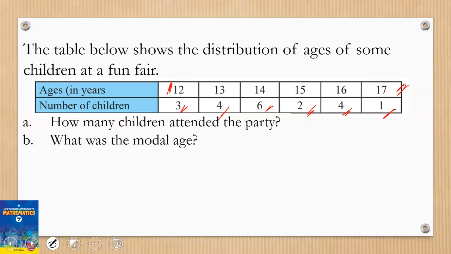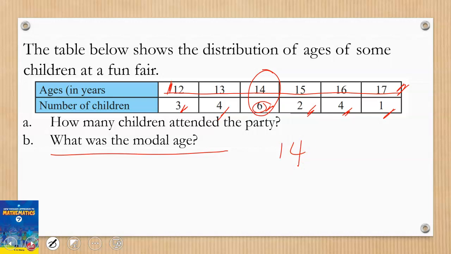So which among these ages appears most frequently? We have more children at the age that is most, and you can see that is 14. So you can see that 14 has the highest frequency, which is 6. And so our answer will be the mode age is 14, not 6, it's 14.